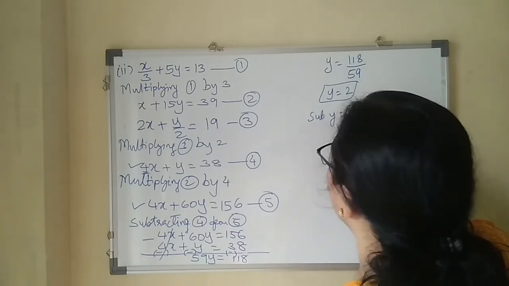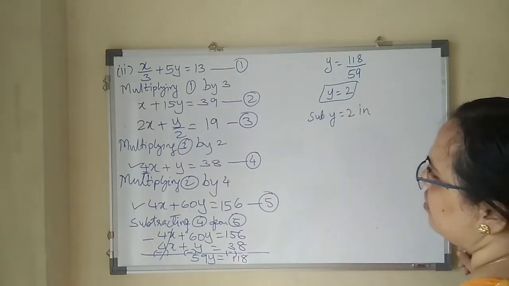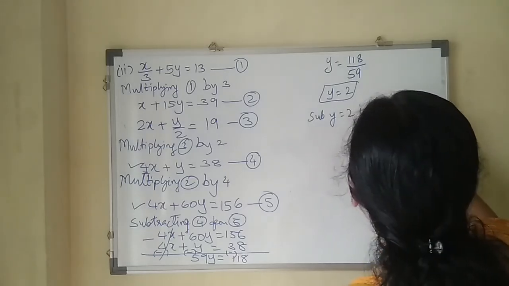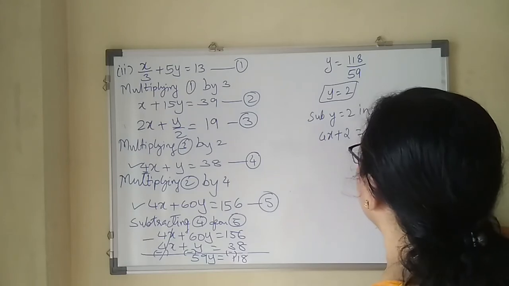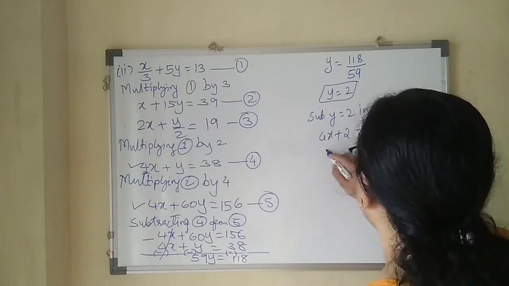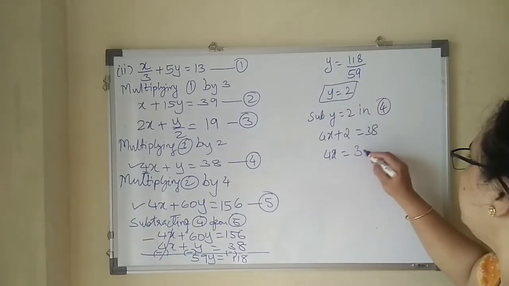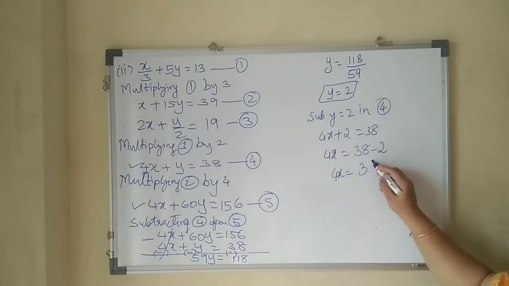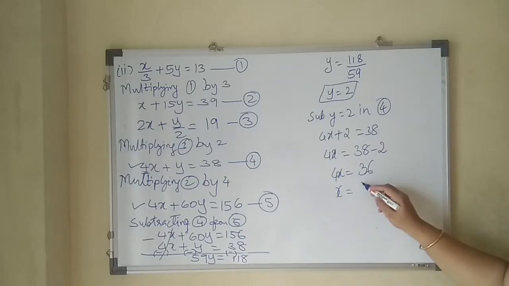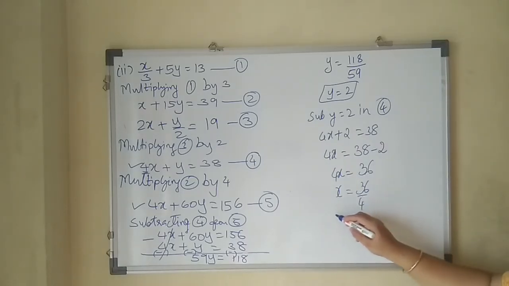Substitute y equals 2. In which equation is it easier? Fourth equation. 4x plus 2 equals 38. So 4x equals 38 minus 2. 4x equals 36. So x equals 36 divided by 4.